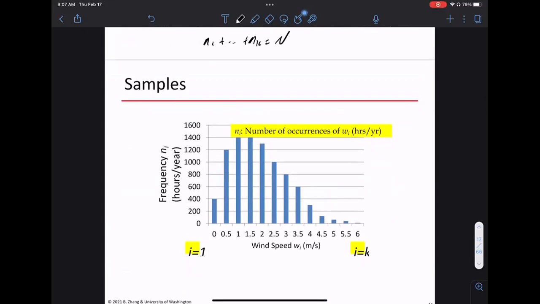If you don't bin this, this whole thing is a very long flat line, because every value happens once. So we need to bin it to build this kind of histogram to look at. Again, when you compute anything, the actual way you compute it is directly from each sample you have collected. This is just a way for us to look at it.